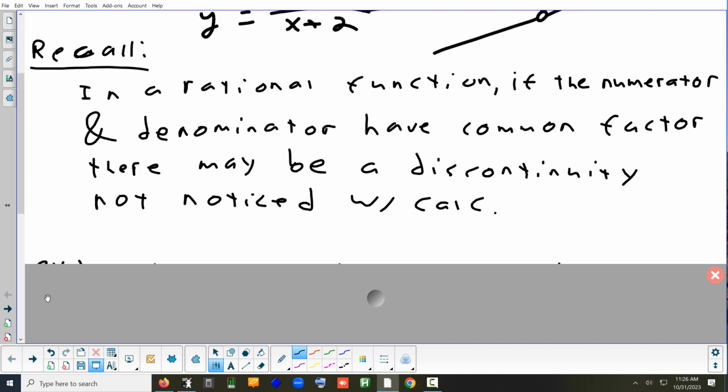So common factors in the numerator and the denominator lead to what I've been calling a hole in the graph. No common factor, vertical asymptote.